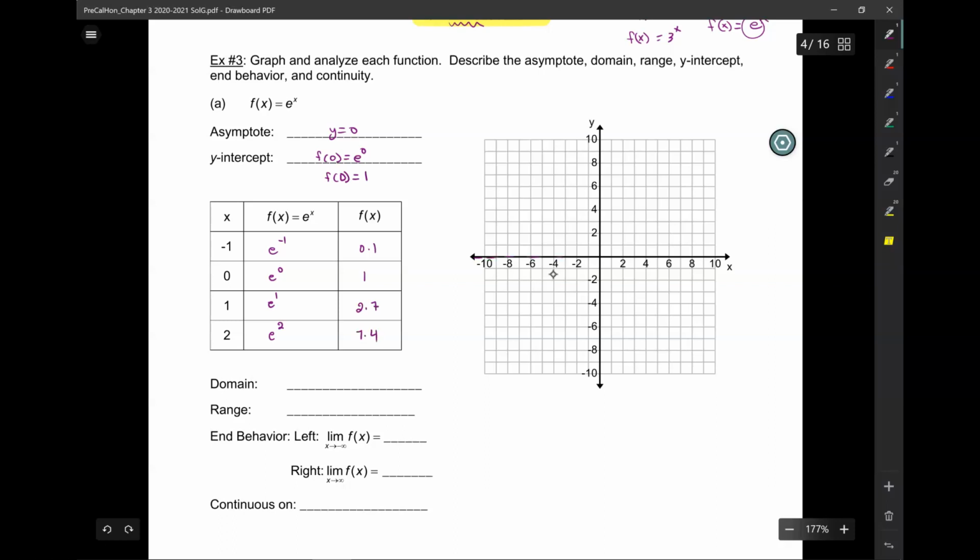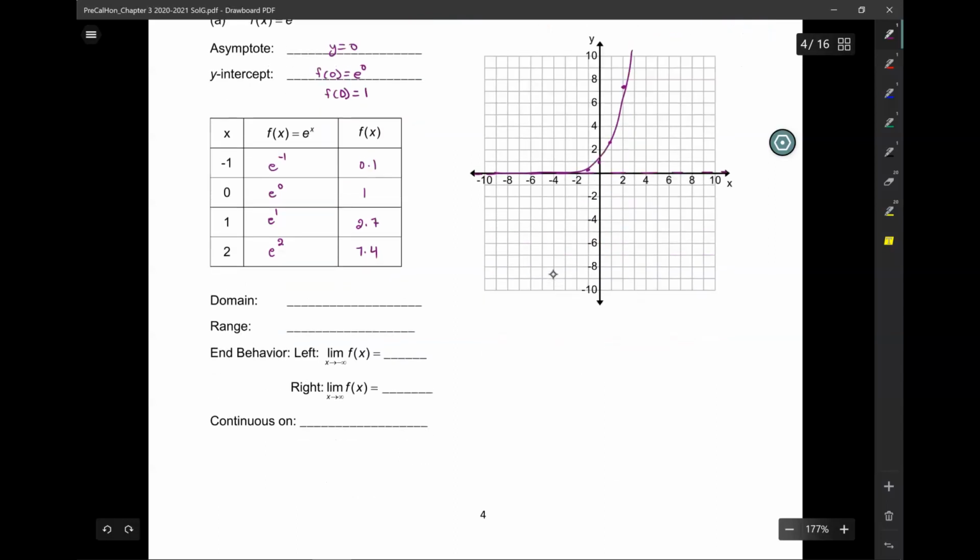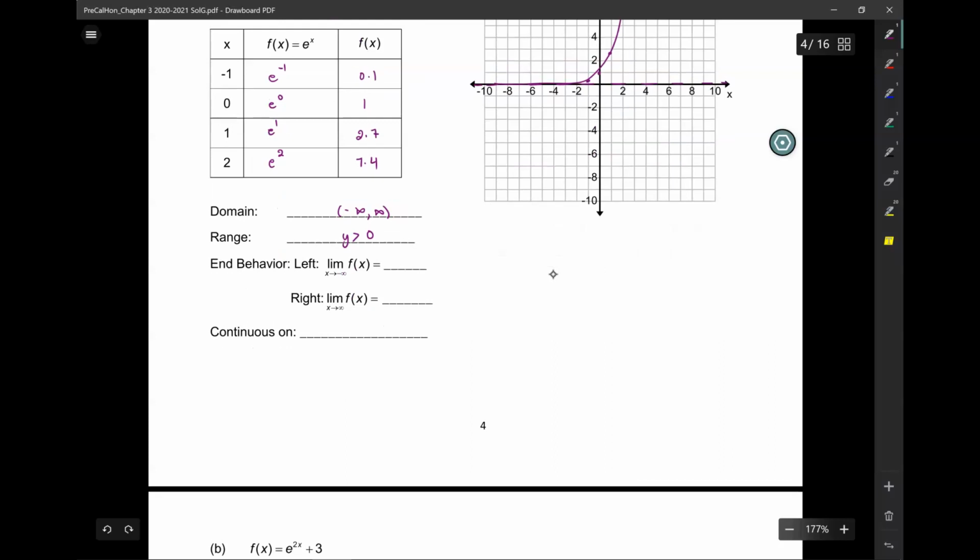All right, and let's graph that. I got 0.4, 1, 2.7, 7.4. All right, so nothing different. Again, nothing different here. They all follow the same patterns as before.